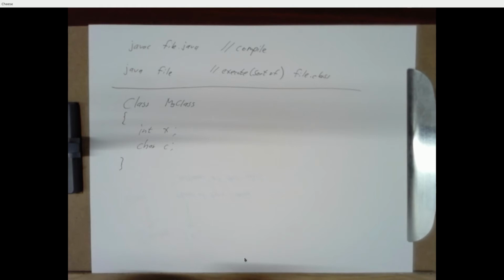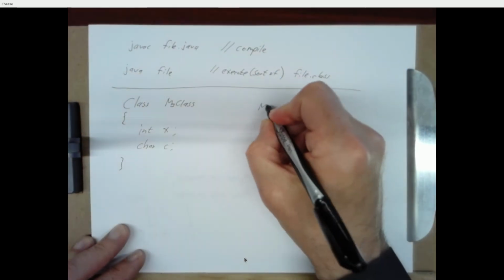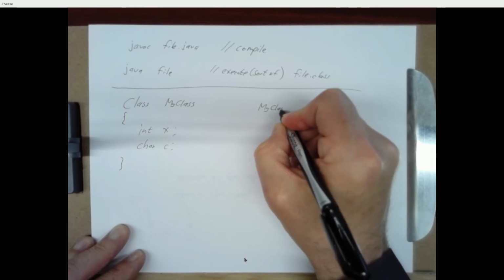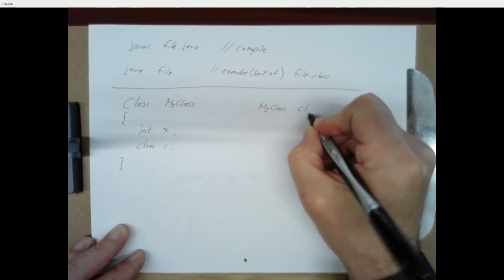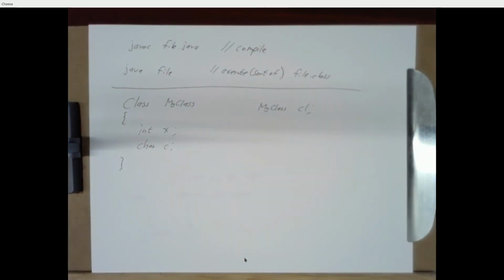And then if I want to make a variable of this type, I could just say something like my class CL. And now CL is a variable of type my class.